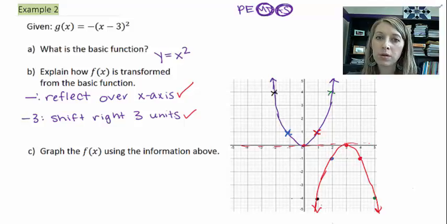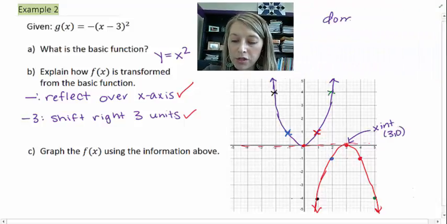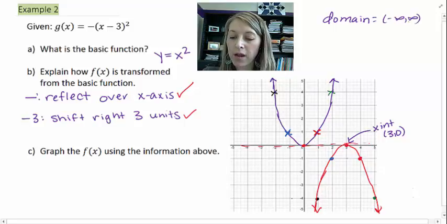So not only can we do that, but we can also identify the key things that we want to know. We can figure out that my x-intercept is at (3, 0). We know that my domain goes forever in both directions, left and right.